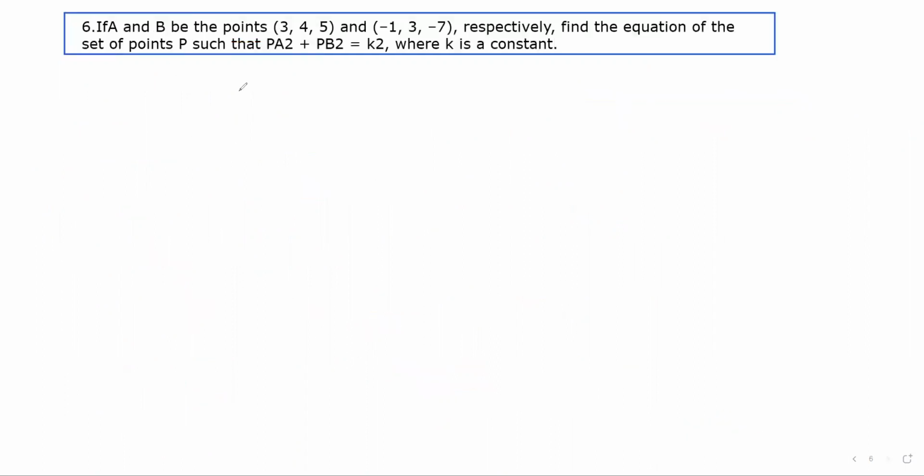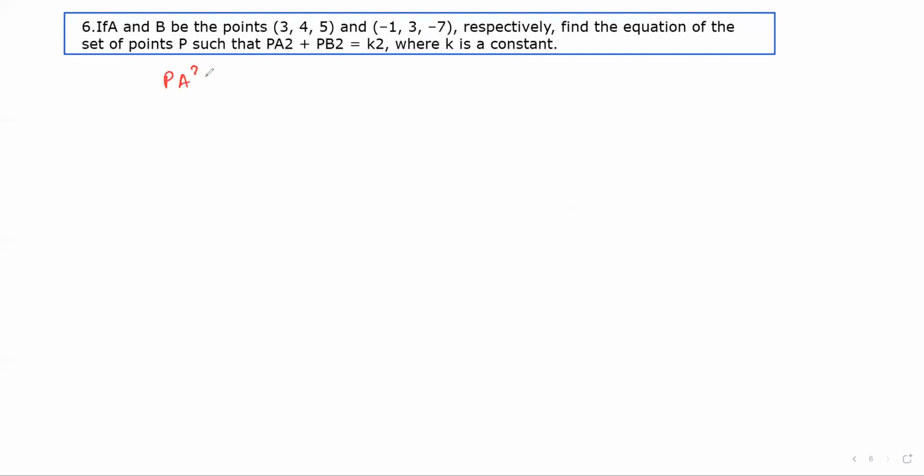Next, if A and B are two points given respectively, find the equation of the set of points P such that PA square plus PB square is equal to k square. K is a constant. Now k value is not given to you.